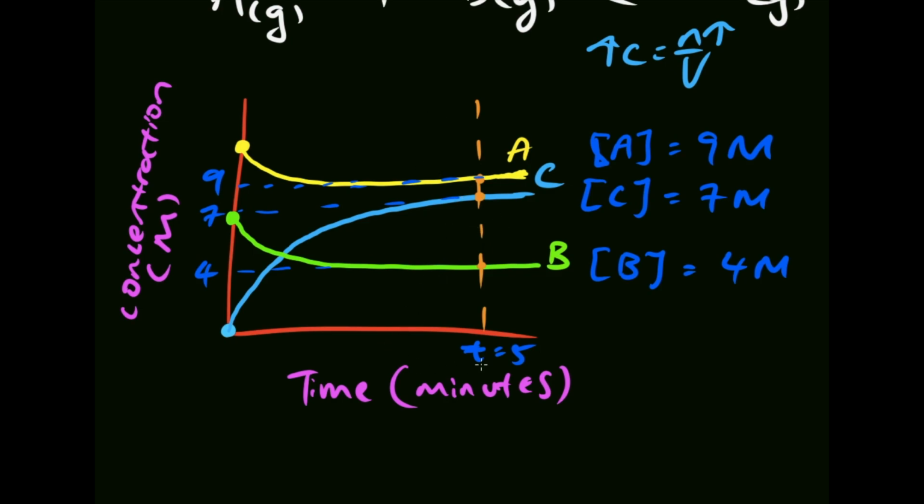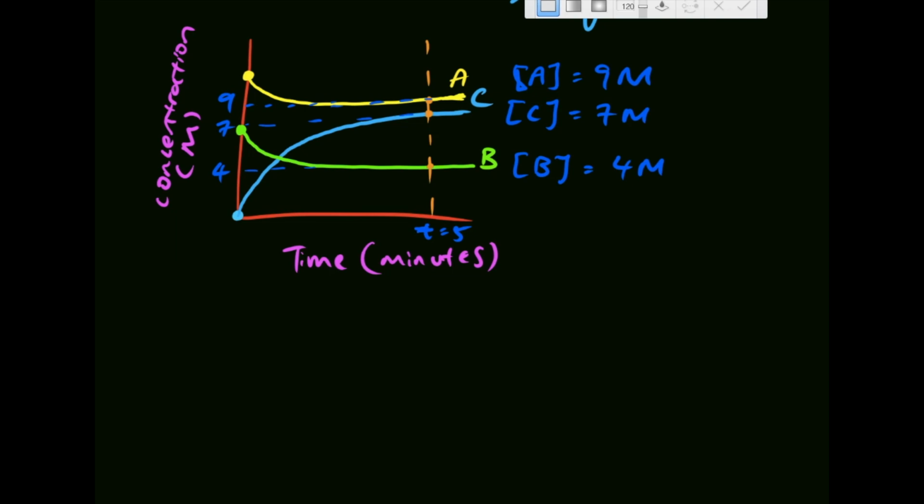Before t was 5 minutes, like t equals 1, 2, 3, 4, 4.9, its concentration changes over time. But from t equals 5 onwards, including t equals 5, the concentration of C, A, and B are constant, fixed at a certain concentration.